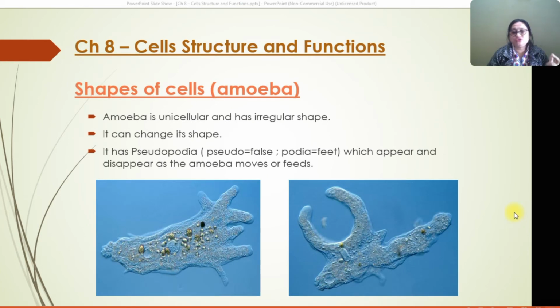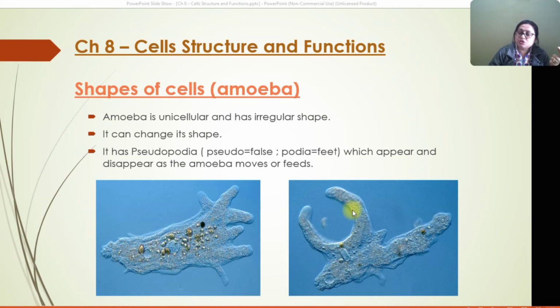Here we can see the picture of amoeba. When we observe something under a microscope, we use dye or stain to give color to it so that it can be seen clearly. Here is a picture of amoeba cell, which is a single celled animal or a unicellular animal, and you can see these are pseudopodia or false feet. Pseudo means false, podia means feet.